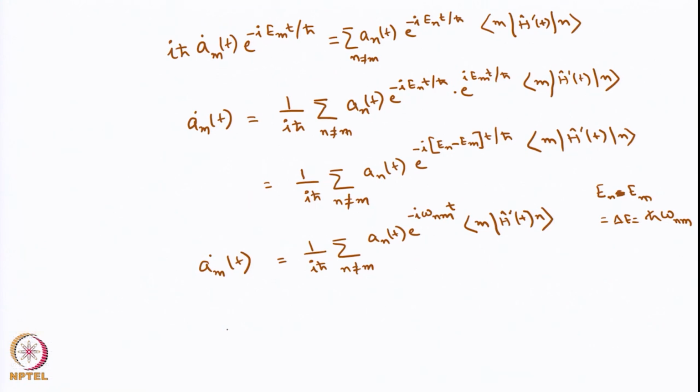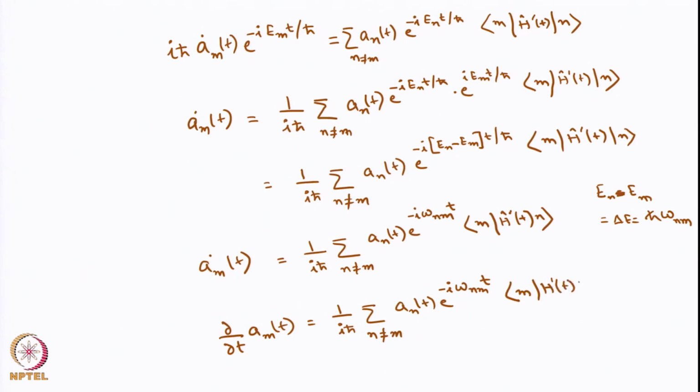So the left hand side is nothing but d by dt of a_m(t), because I told you ȧ_m is nothing but its time derivative, equal to 1 over iħ sum over n not equal to m of a_n(t) e to the power of minus i ω_nm t ⟨m|H'(t)|n⟩. So, that is the integral that we have to do.